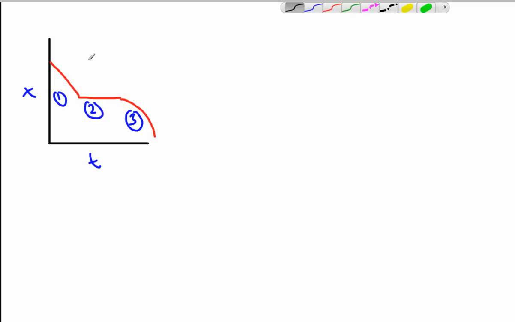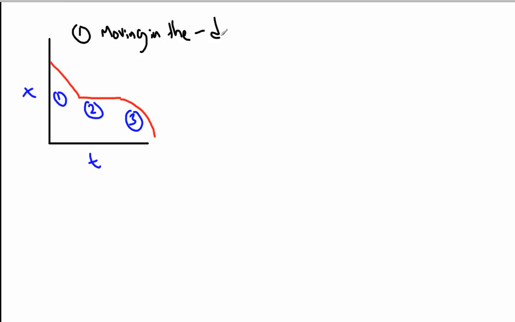Now, let's go on to a specific example. Let's say that an object moves like this, and then like this, and then like this. And maybe we can distinguish that as segment 1, 2, and 3. So how do we interpret what's going on in this position time graph? First thing we'll notice is that in segment 1, the object is moving in the negative direction.